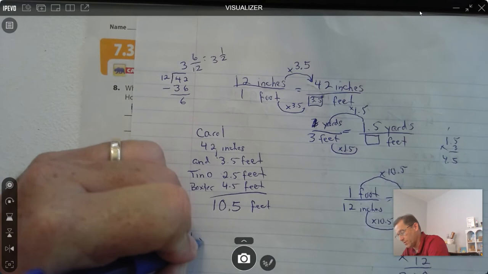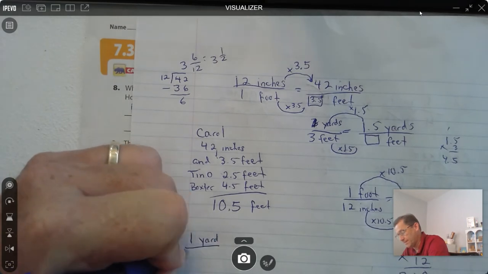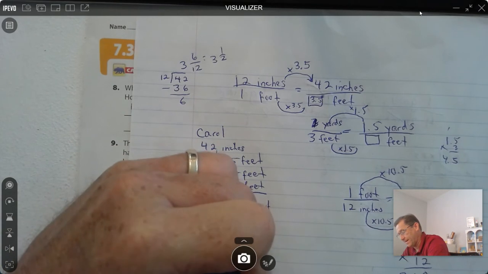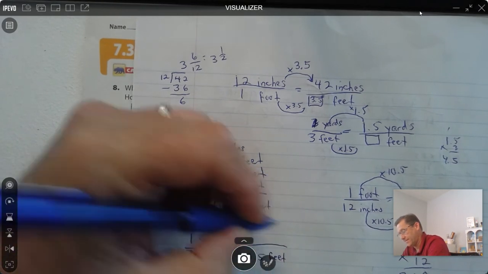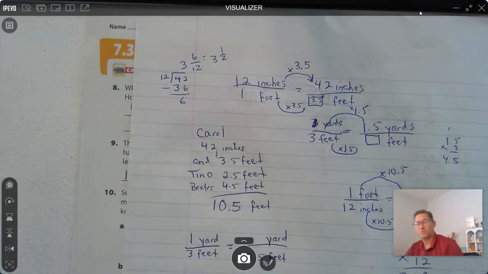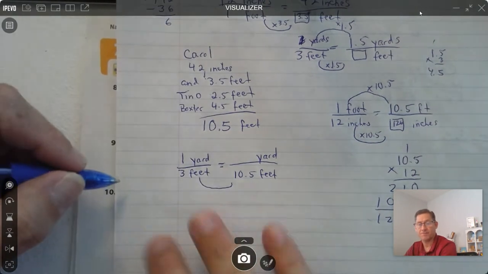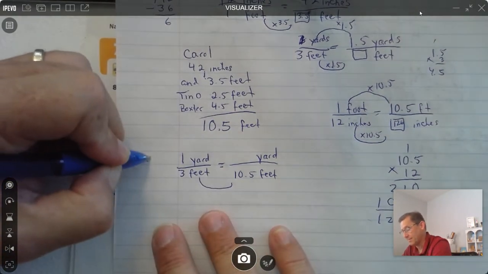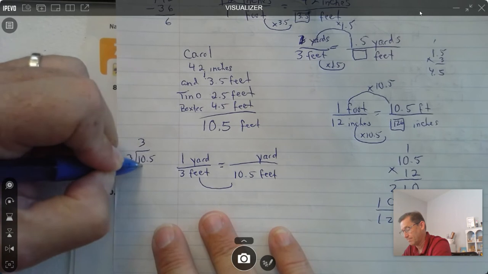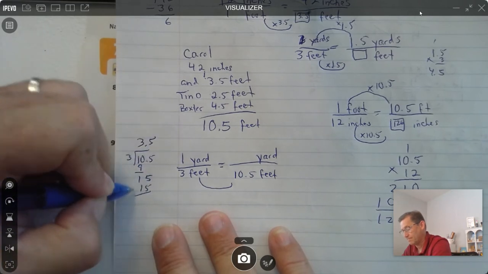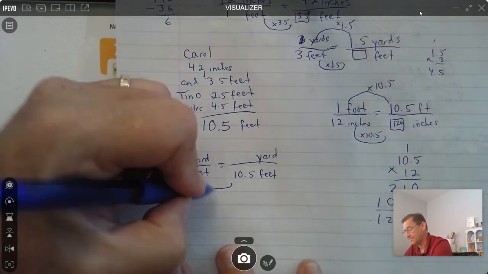Well, we know 1 yard is 3 feet. And we know we have 10.5 feet. So how many yards is that? How do you go from 3 to 10.5? You multiply by 3.5.